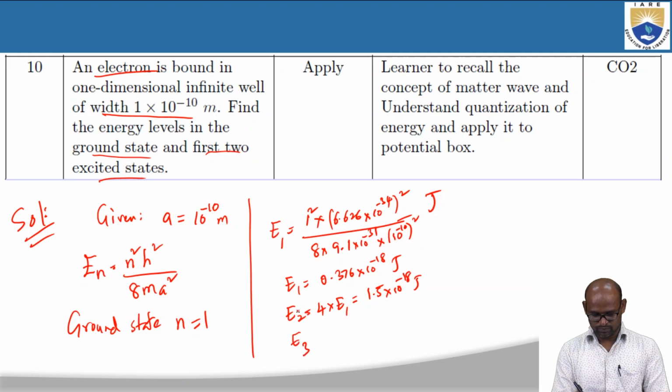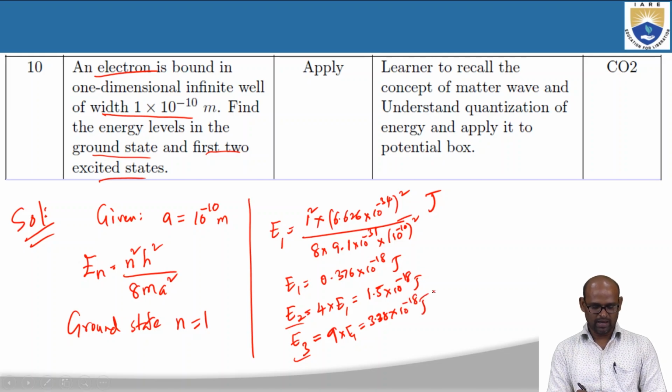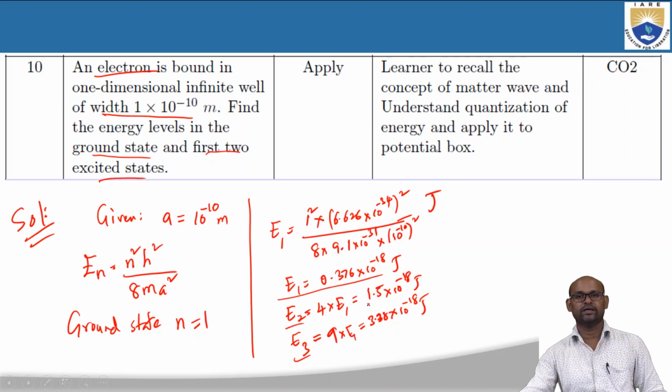And E3, since they have asked us to calculate the first two excited states, will be 9 into E1, that is 3.38 into 10 power minus 18 joules. So we have calculated the ground state E1, the first excited state and the second excited state.